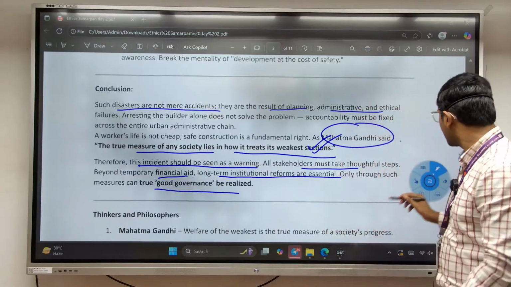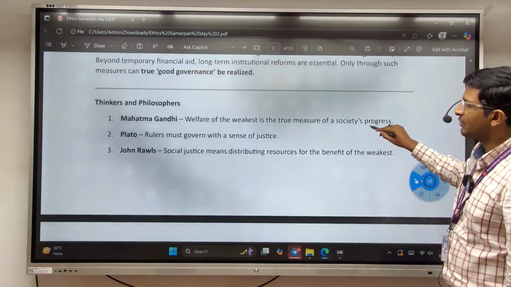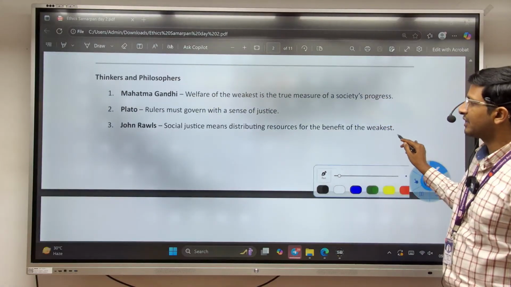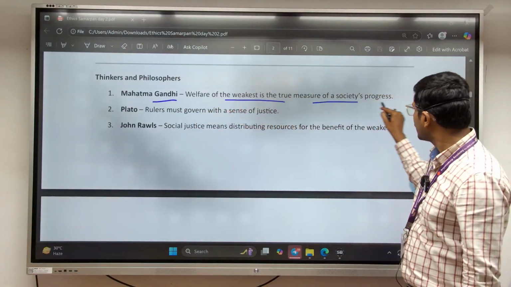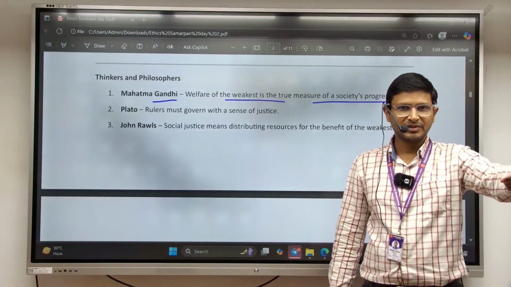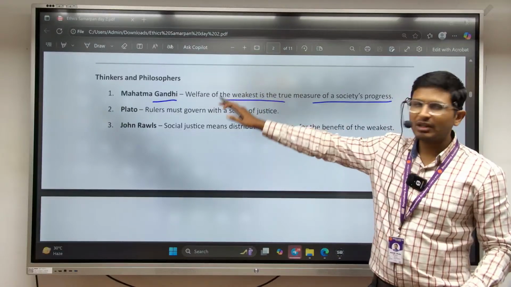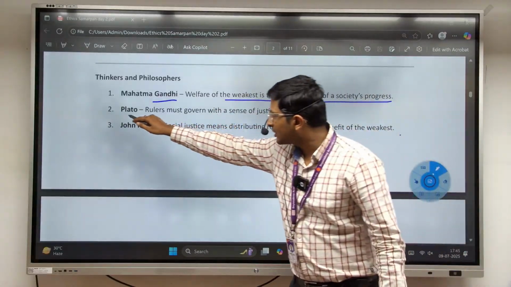Okay, there are a few more thinkers you can add if you need. That's why I have given you thinkers and philosophers as a separate list. You can talk about Mahatma Gandhi. Welfare of the weakest is the true measure of social progress. Okay, this quote you can use. Then I have given you multiple alternatives here, so you can use these also. Then you can use Plato.